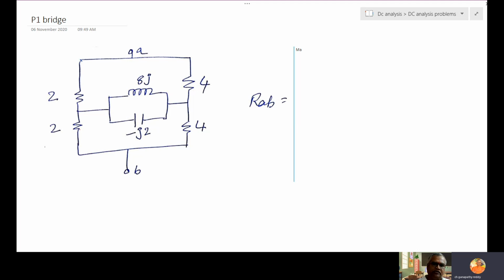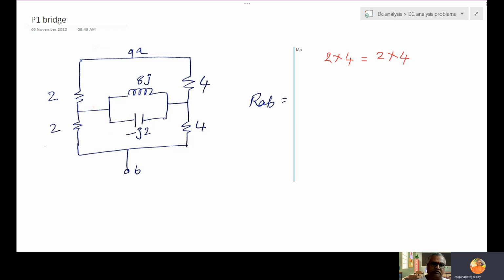So the simple technique is, if you observe, 2 into 4 is equal to 2 into 4. So the product of opposite arms are equal. Therefore, the bridge is balanced.